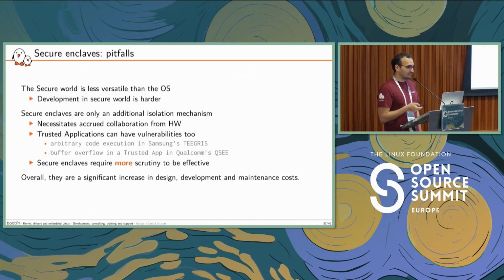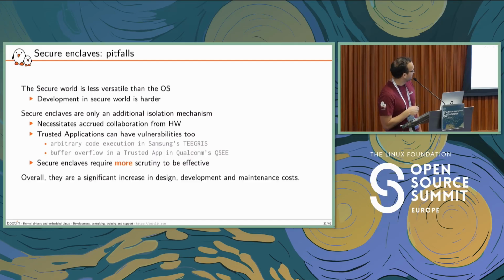The problem here is that the secure world is going to be a less nice environment for you to write code in, because it wouldn't make sense to just take Linux and put it in secure world, because then your attack surface is the same, right? And that's not what you want.